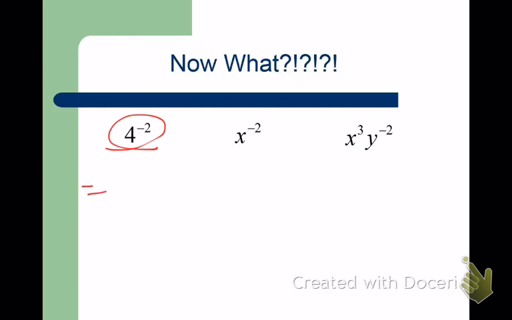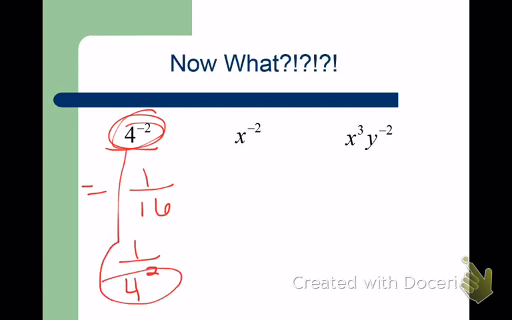Basically, if you type 4 to the negative second power into your calculator and let it give you the result as a fraction, you would find out it's 1 over 16. Well, if you rewrite 16 as a base of 4 and an exponent, you'd get 1 over 4 squared. Look what happened, right? When we have a negative exponent, we want to drop that base into the denominator and make the exponent positive.